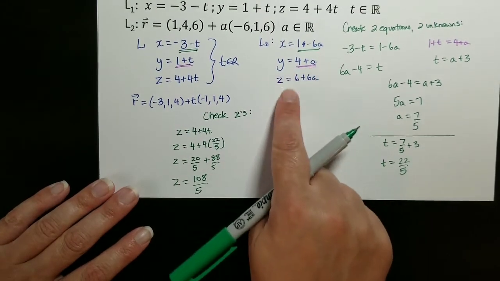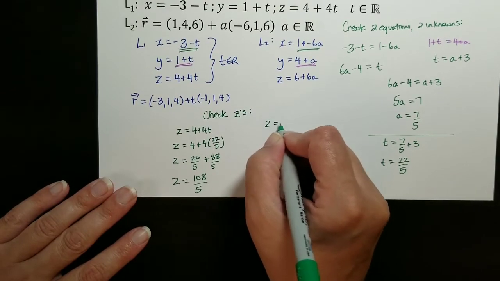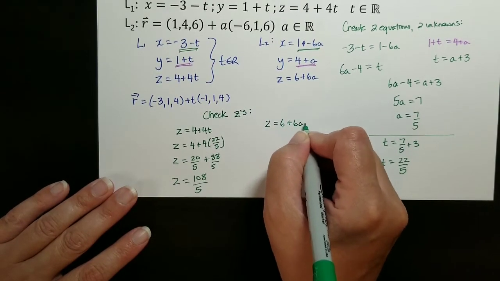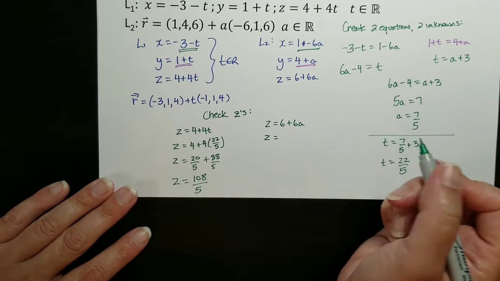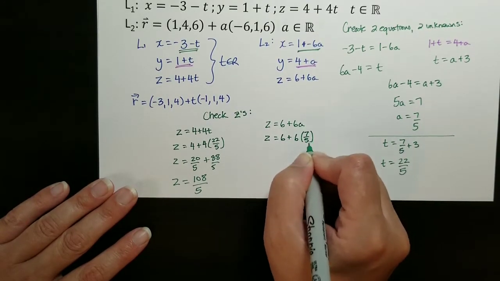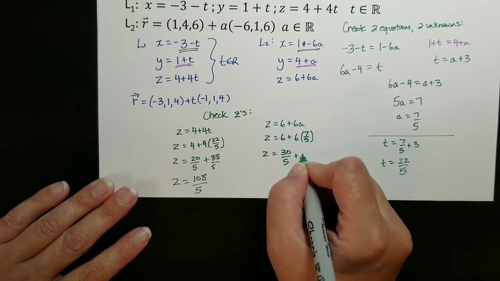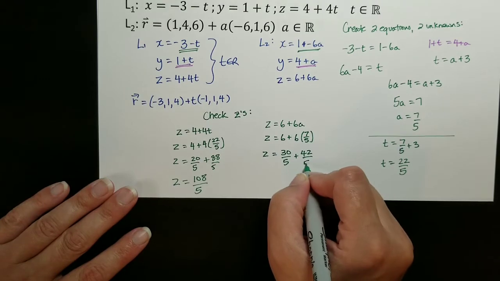And then we would check the other z using our a value. So z equals 6 plus 6a. So 6 plus 6 times 7 over 5. So that's 30 over 5 plus 42 over 5.